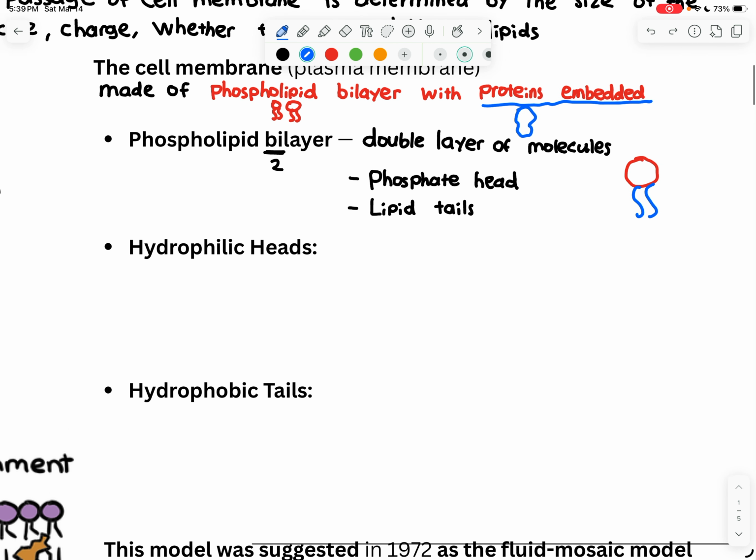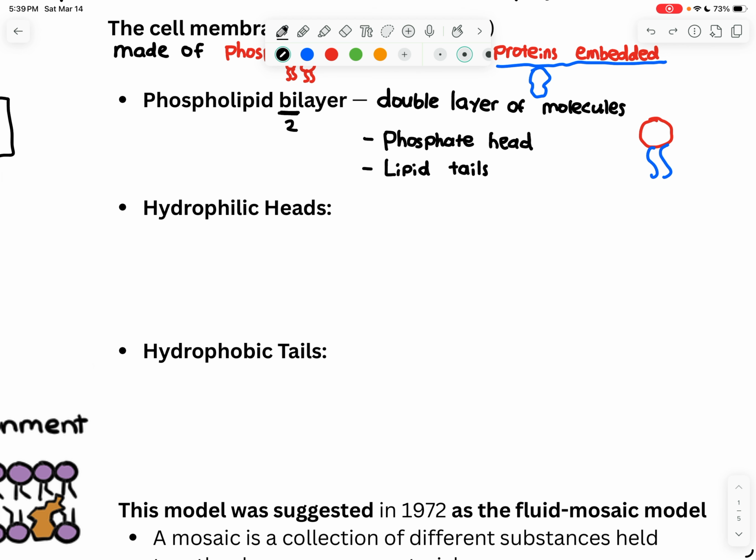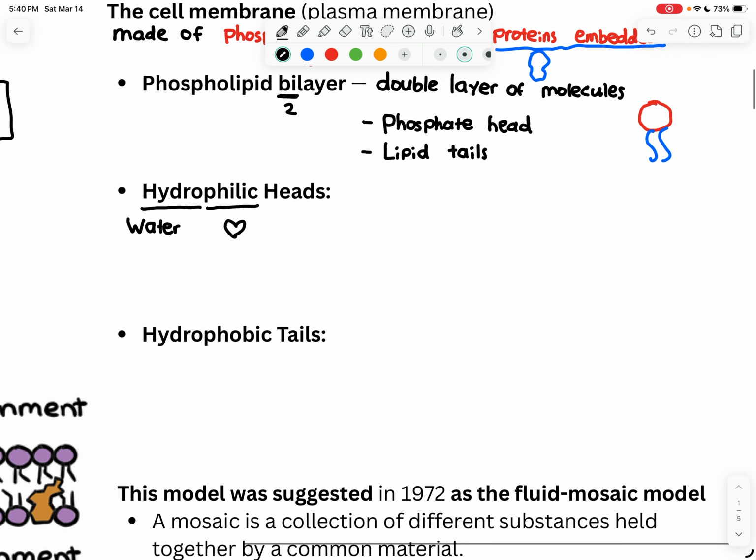Okay, now let's talk about the head. So the heads are hydrophilic, which means they like water. Hydro means water, essentially. Philic means to love something. Like, I'm gonna write heart over here, okay? They love water. They want to be with water, okay? So they're made of phosphate group. They face outward towards a watery environment inside and outside the cell.